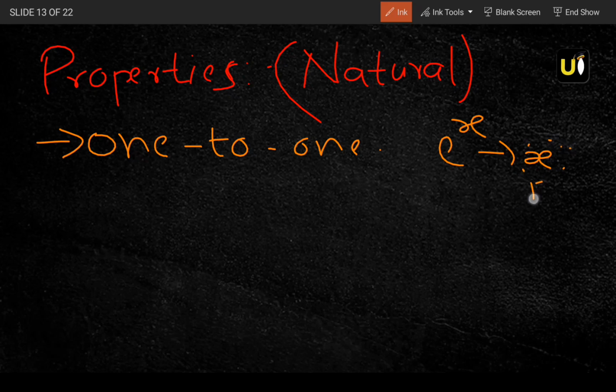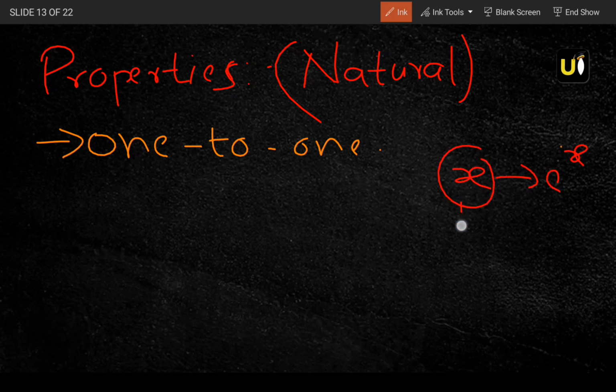Let me write it reversely, then you can understand it better. If this x value is unique, then automatically this e power x value will be unique. So this is a 1 to 1 function always.